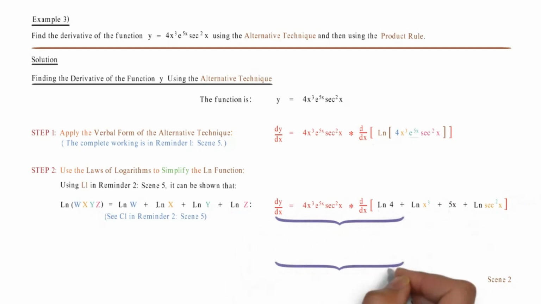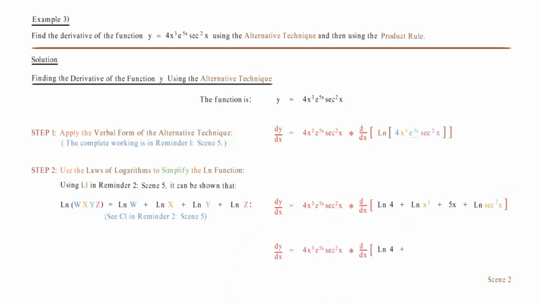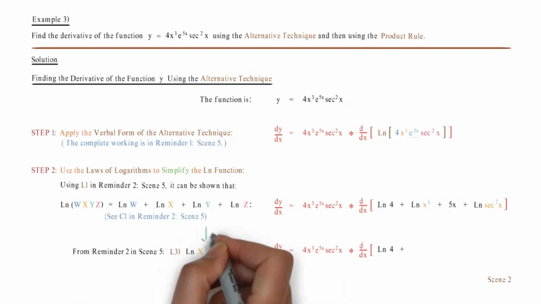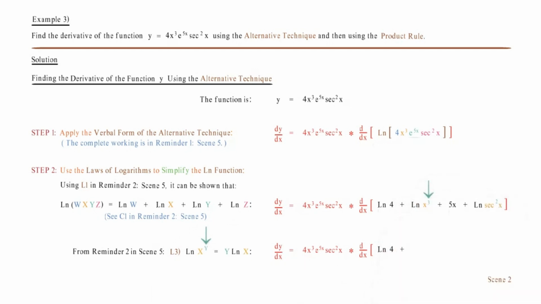Bring down. From reminder 2 in scene 5, since y is 3, replace y with 3.